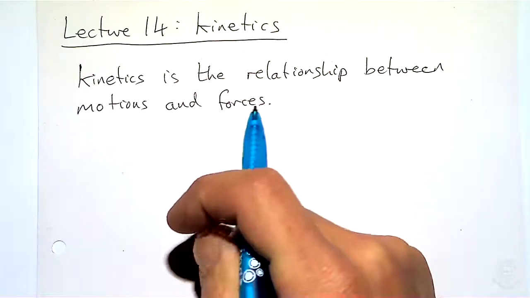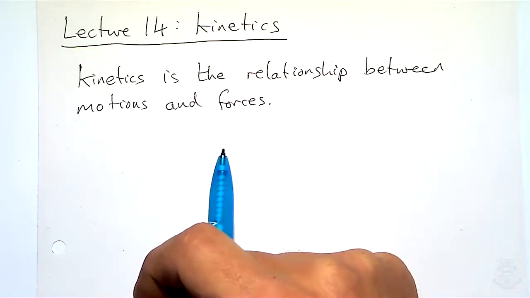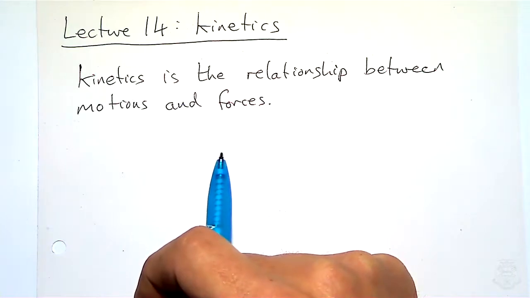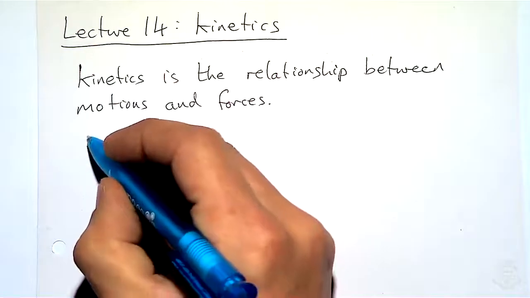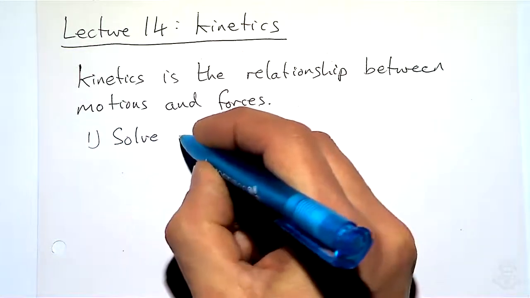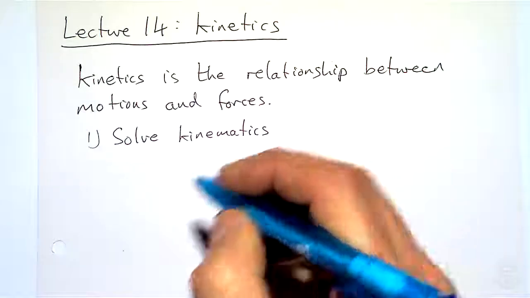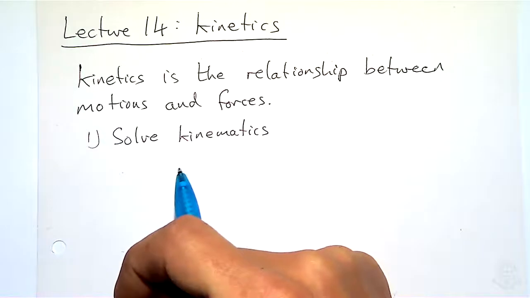And so when we try and solve a problem in rigid body dynamics, we're going to go through this type of process. First of all, we're going to solve the kinematics. That's what we've already done in the past lectures.